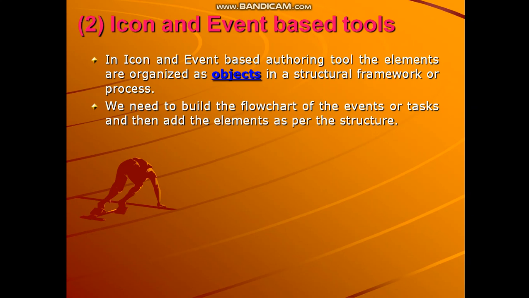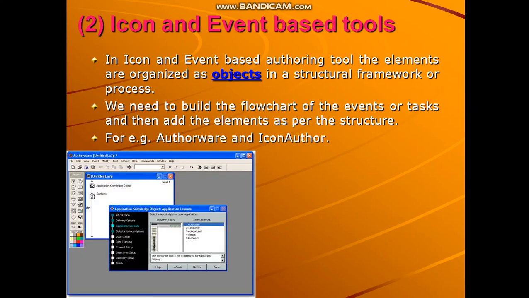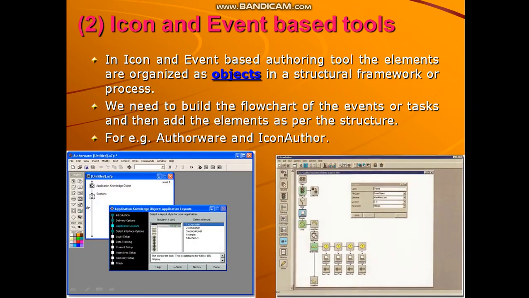Flowchart means whatever work we want to do, that we can create on paper. So such programs are Authorware and Icon Author. This is Authorware and this is Icon Author. Here you can see several icons are given. These are the individual objects and we can click on them and view the animation.